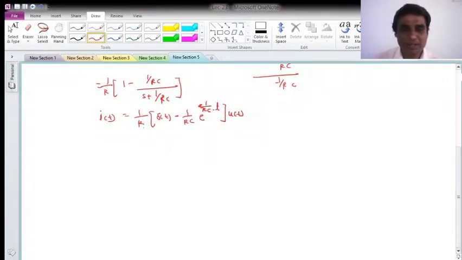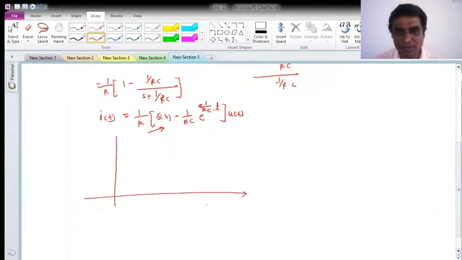Now if I would like to plot it, I can see that this I of t consists of two terms. One is your delta function, second is your exponentially decreasing function. So suppose this is the plot for I of t.